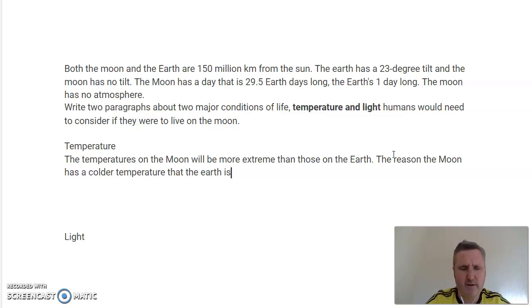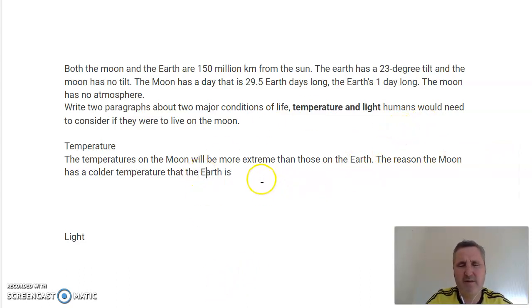The first factor is how close we are to the Sun. In this case, the Earth and the Moon are the same distance away from the Sun, so the intensity of the heat radiation from the Sun shouldn't be a factor in determining if the Earth or the Moon is hotter.